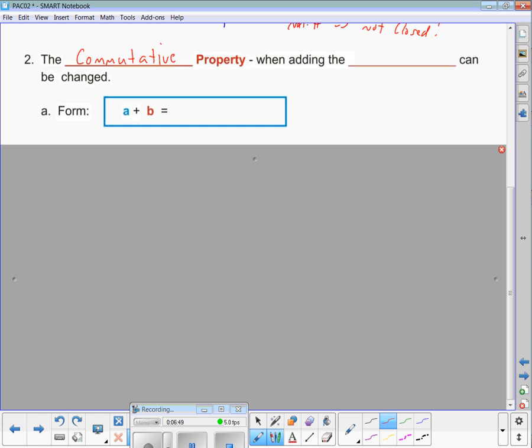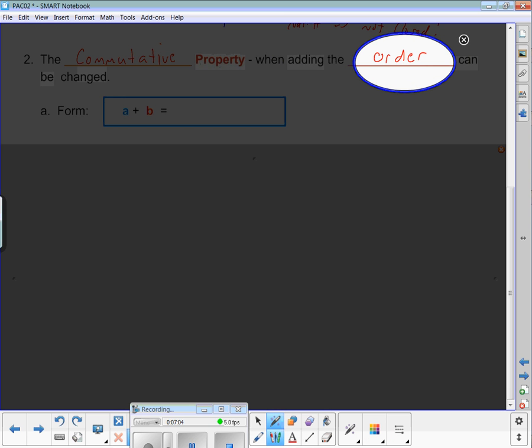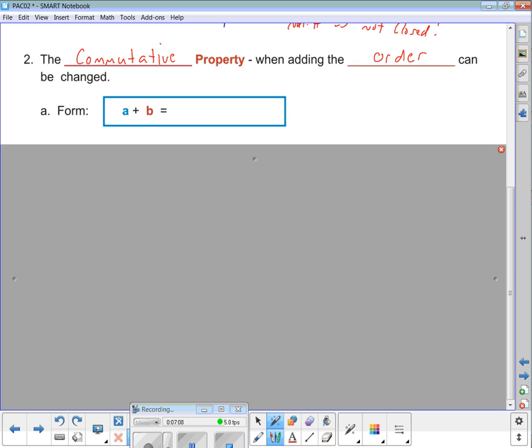Whenever you're adding, if everything's being added, then the order can be changed. That's the key there. That's the word you want to remember, order. You have to make the association of commutative with order.